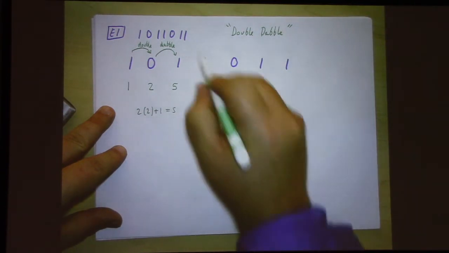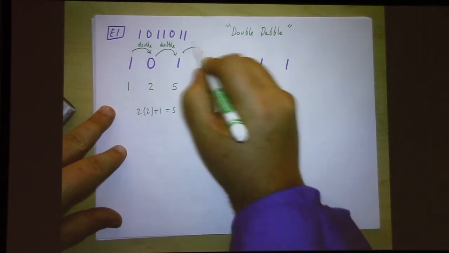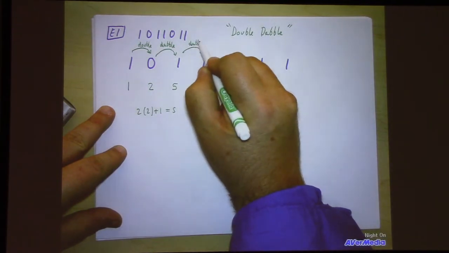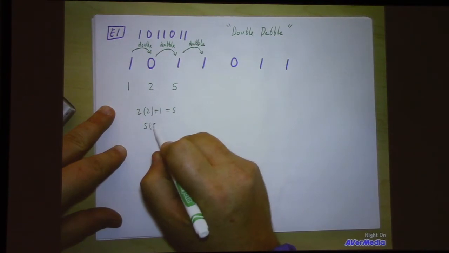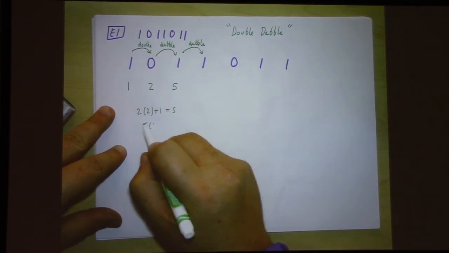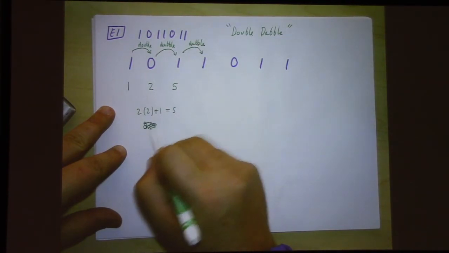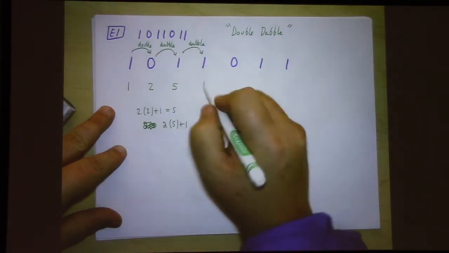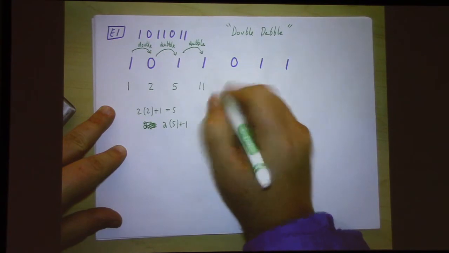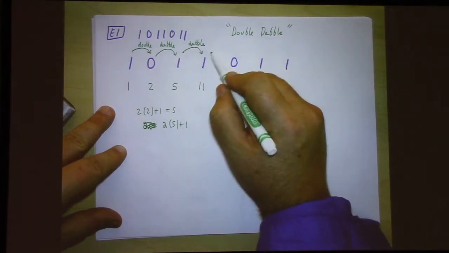So 2 times 2 plus 1 equals 5. They dabbled. And then we dabble again. Dabble. It's exceedingly silly. So 2 times 5 plus 1, that would be 11, right? Now I got 0, so I don't dabble, I double.